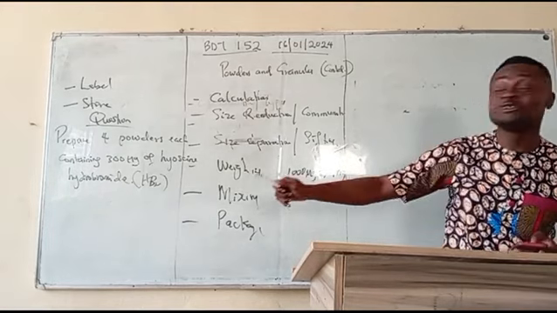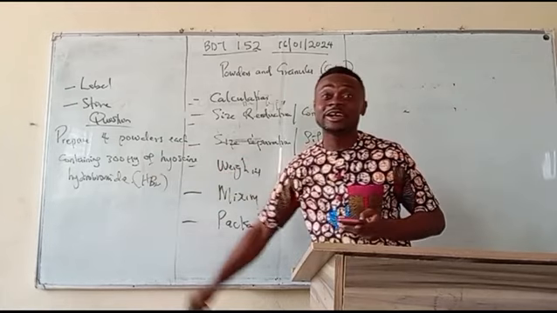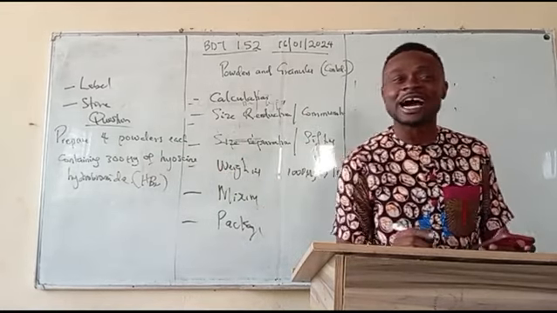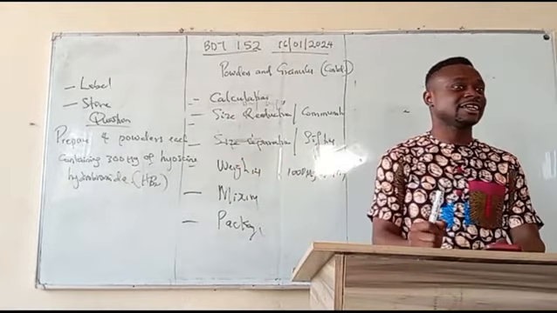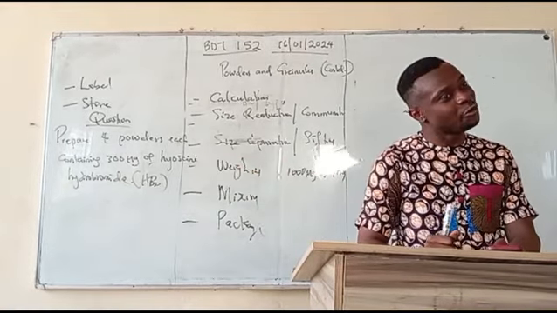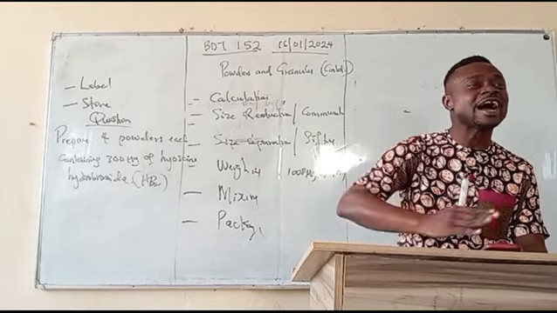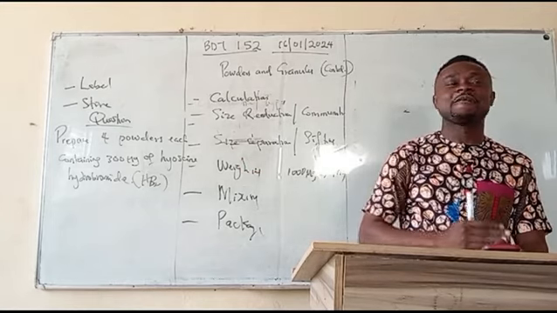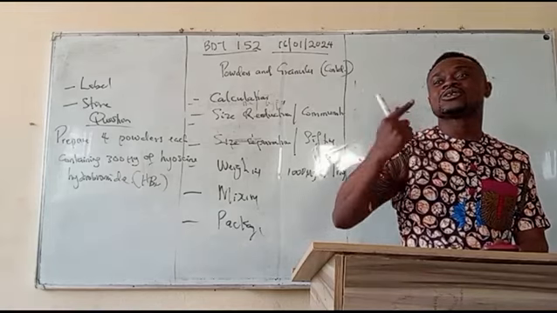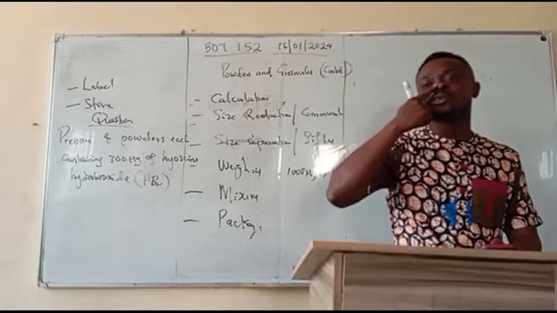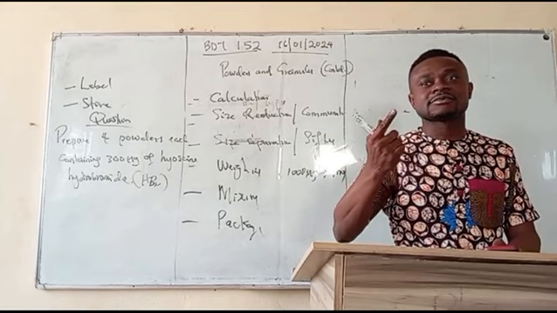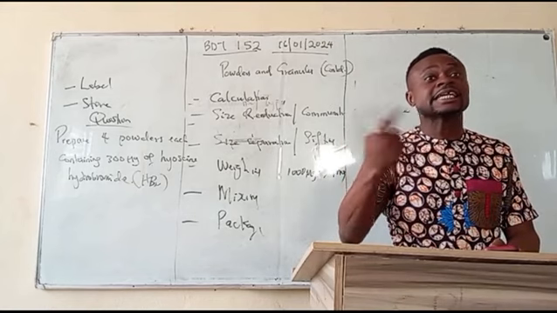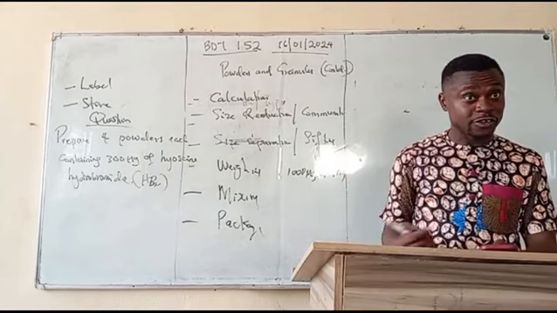But we are told to weigh 300. How do you weigh it using this class B balance? It's far, far lower, about 300 times less. So what are you going to do?